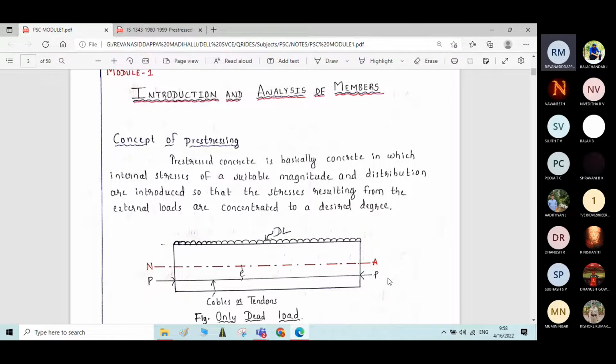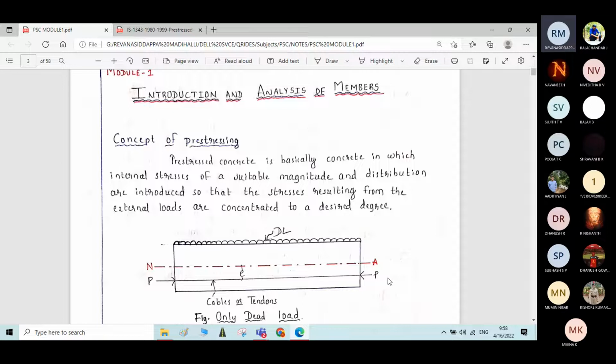That prestressing may be done in a particular place, and the elements will be brought to the site and fixed, or else on-site prestressing will be done. In most of the bridges we will use this prestressed concrete element.